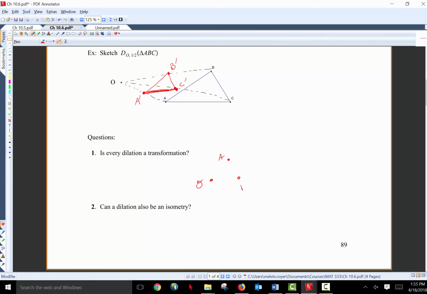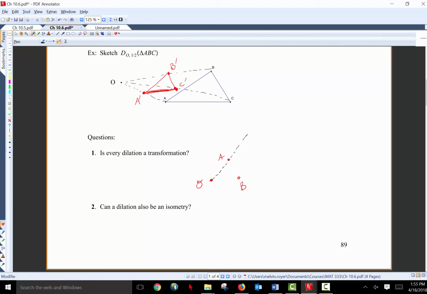One of the ways to check for 1-to-1 is: if the inputs are different, do the outputs have to be different? In other words, if I choose point A and point B and dilate them, does it have to be the case that the dilated points are also different from each other? And it sure seems like it.